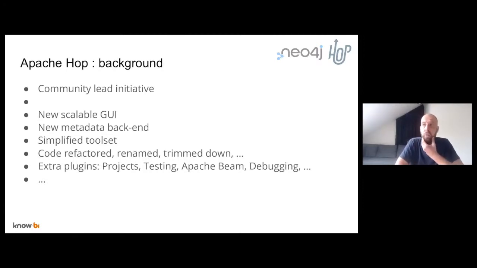We built a new scalable UI, a metadata backend, a simplified toolset where the GUI is supported by a number of command line tools that you can use to do the same operations, to run, configure, etc., on a headless server. And since the start, we did a huge cleanup of the entire code base and added a number of additional plugins for project and environment testing, management of your system, testing, debugging.